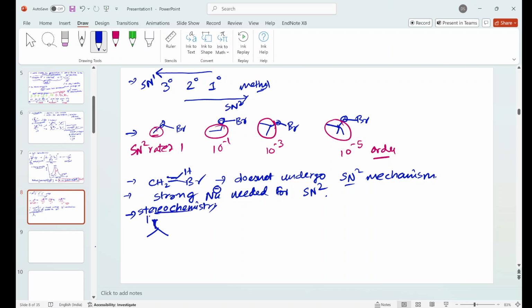The leaving group is iodide here, and it reacts with a nucleophile to give iodobutyl.